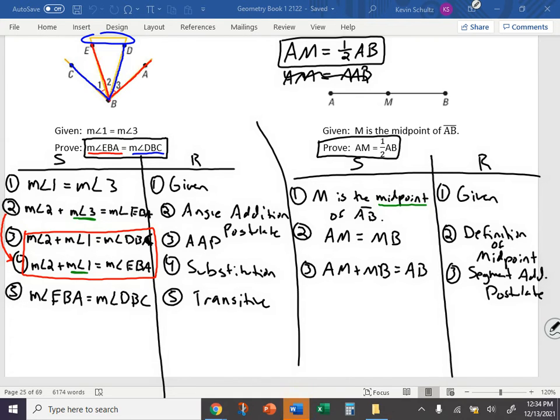There's no MB in our final equation, so we have to get rid of that somehow. If you're looking to get rid of something, you either have to subtract it from both sides or divide it or whatever, right? Or you can replace it with something else. That's another option.